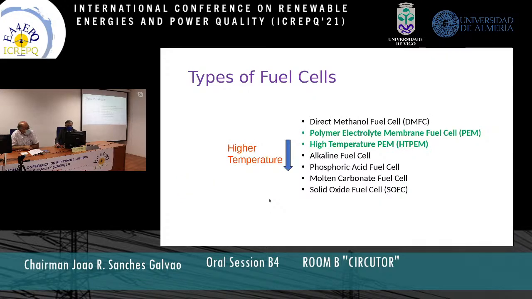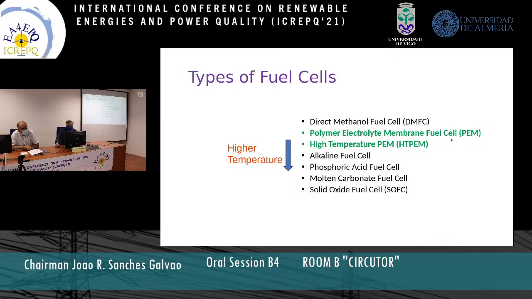These are different types of fuel cells, and as we go down this list, the operating temperature goes up. So the direct methanol fuel cell is at room temperature. The focus of this work is the PEM fuel cell shown in green.